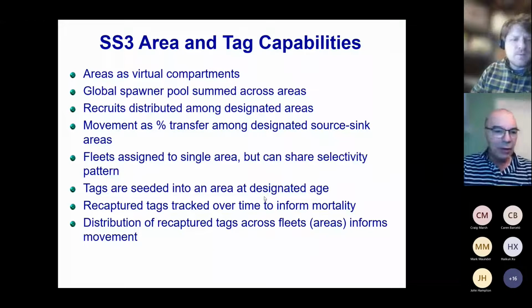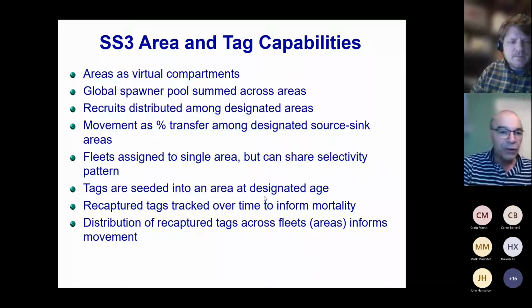They're just units that have fish in them, and fish can move from one area to another via a transfer coefficient. So you could have any combination of area movements, and each one is defined individually. They aren't defined as pairs. They're defined as movement from area A to area B without anything implied about movement from area B to A. They're all separate movement pairs.